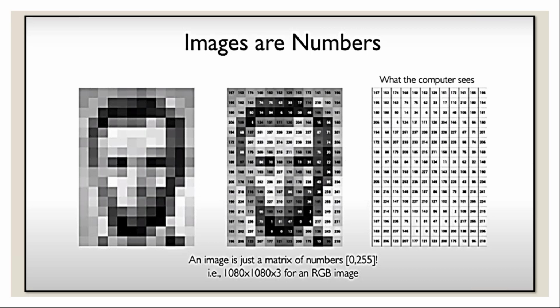In a true color image, you have three matrices: one two-dimensional matrix for red, another for green, and another for blue. So if the image is color, the original size is 1080 into 1080 into 3. You multiply that to get the total number of pixels for an RGB image. The images are numbers, and those numbers are what you store in your system.